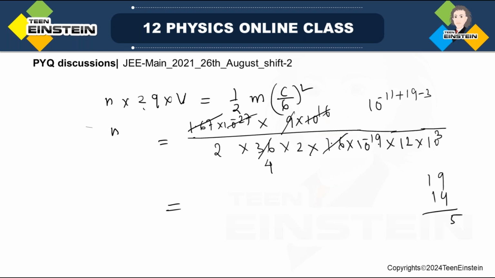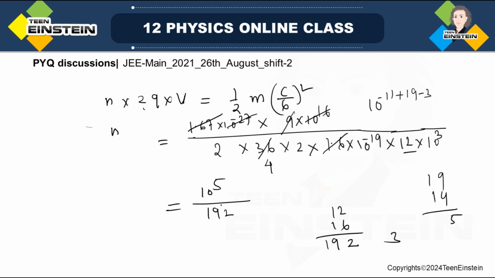Divided by 12 and 16, so here you have 10 to the power 5 divided by 192.